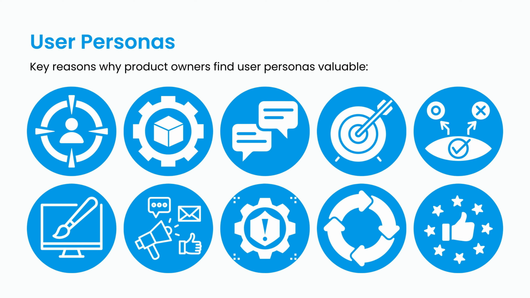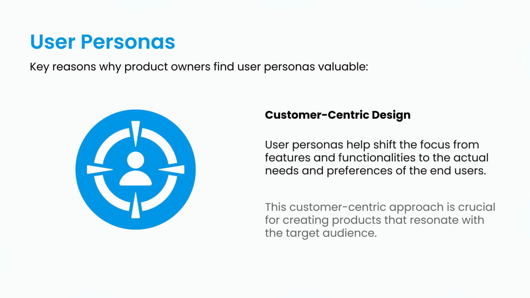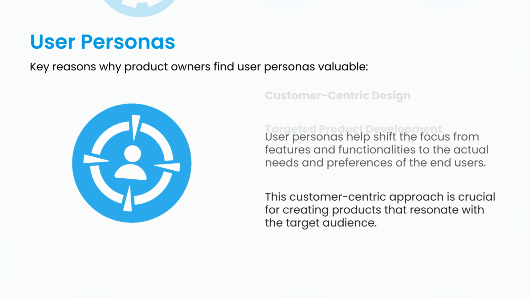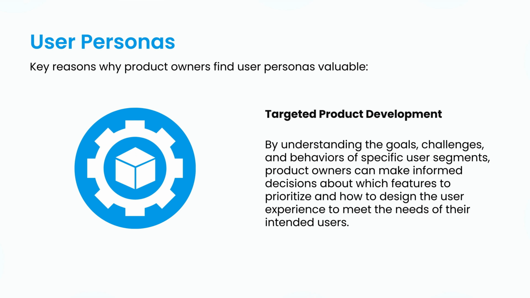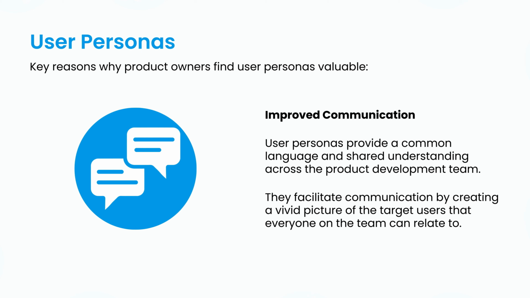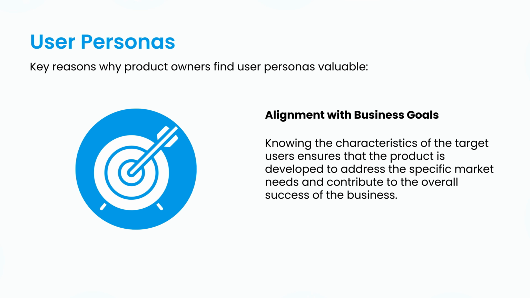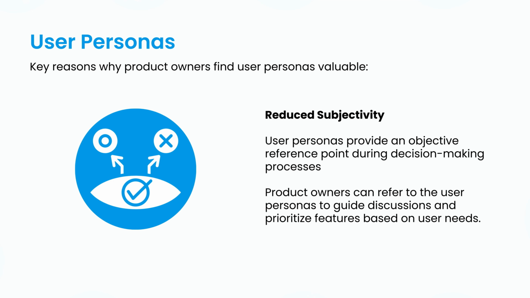After we've looked at why we use user personas, we're then going to have a look at how to create user personas. Okay, let's go through the list of why we might want to use them. Starting with customer-centric design, targeted product development, improved communication, alignment with business goals, reduced subjectivity.